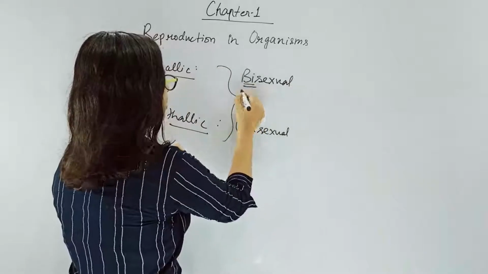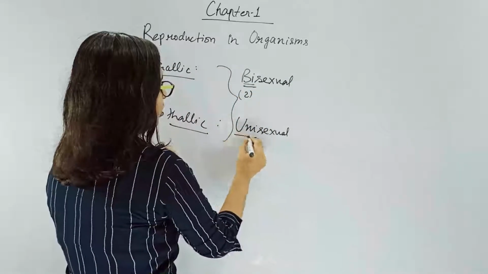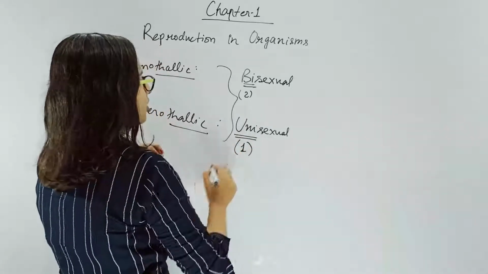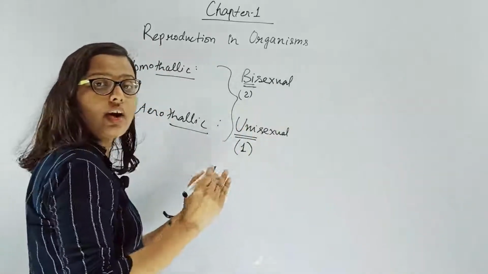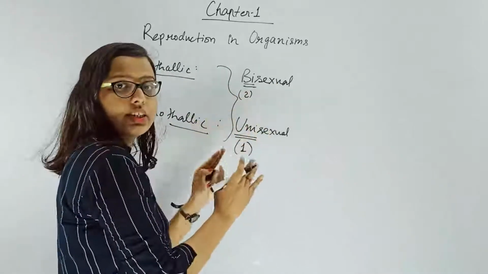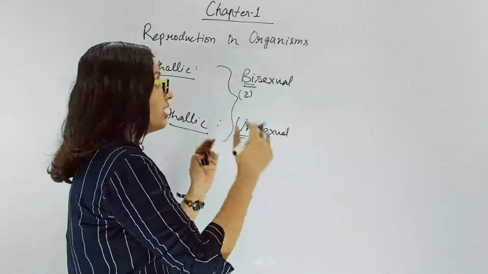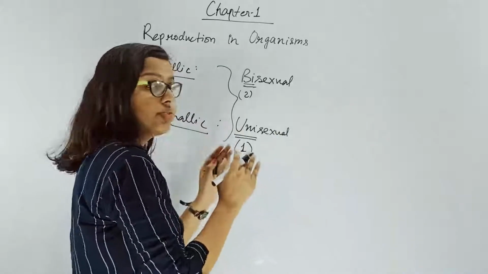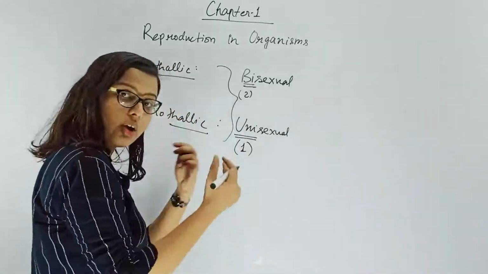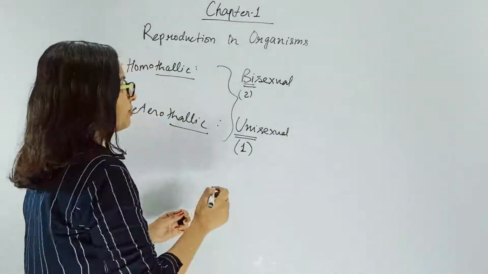Bi means two, uni means one. These two terms, bisexual and unisexual, are used for higher plants, and they are used even for animals. Not just plants, but also animals.